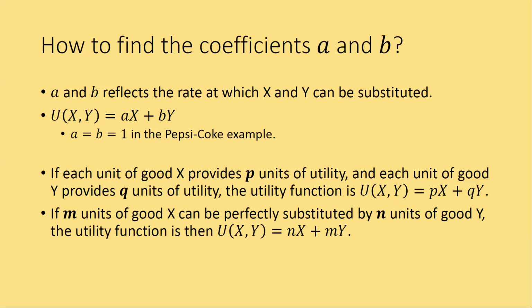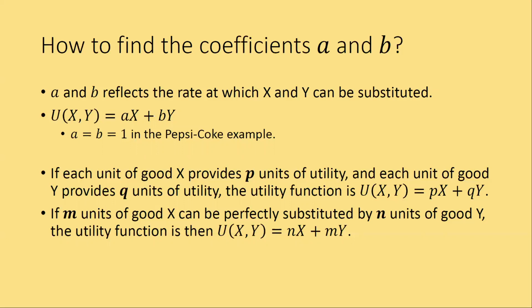Each unit of x provides p units of utility, so the total utility provided by consuming x units of good x is p times x. Similarly, the total utility provided by consuming y units of good y is q times y. And the total utility provided by consuming x units of good x and y units of good y is px plus qy.